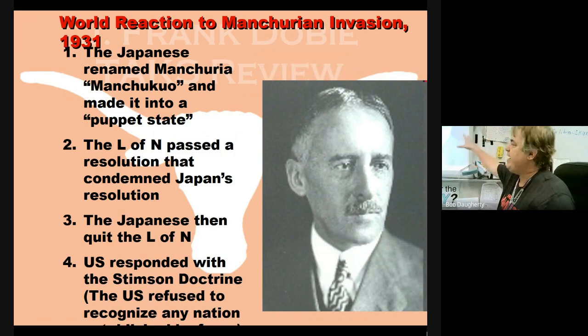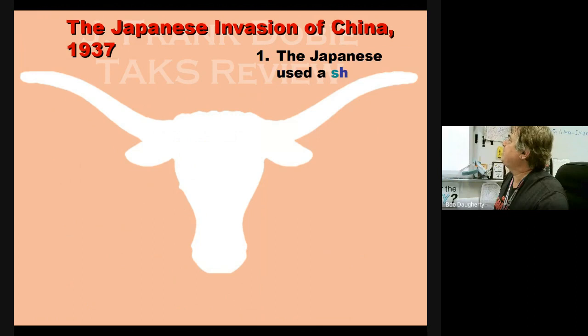And remember, we responded by not recognizing it, because it had been taken by force, since we weren't part of the League of Nations. What did the Japanese do when they were condemned? They basically gave the finger and walked out of the League of Nations. So the League of Nations, y'all, failed in its first really big test.